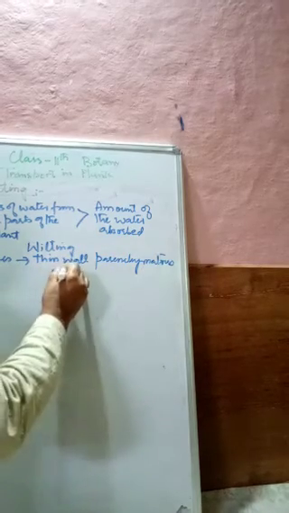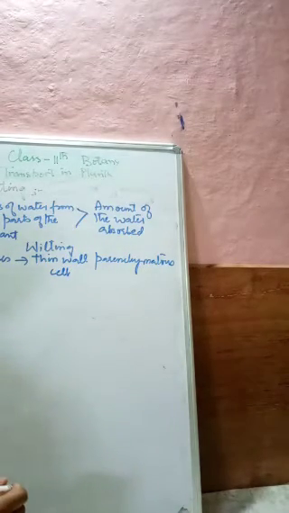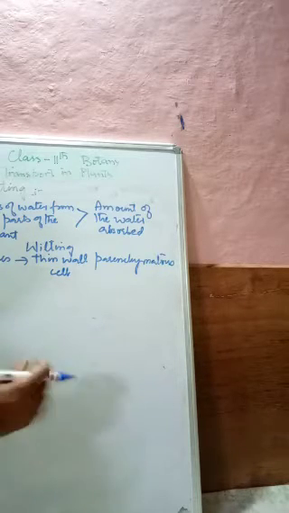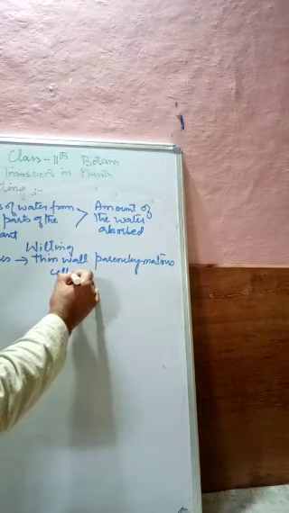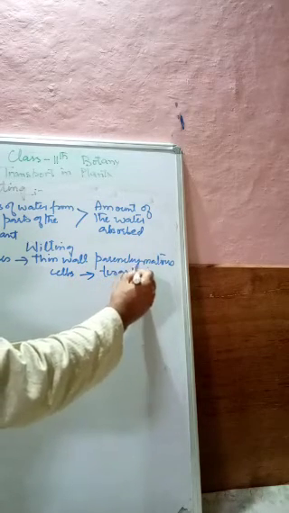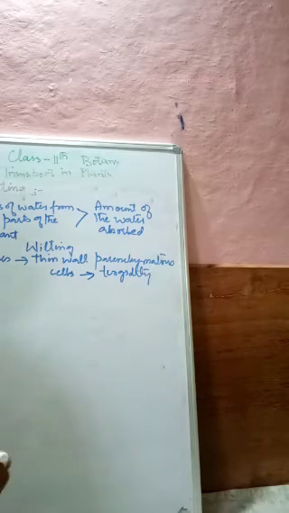The tissues in the plant which are made up of thin walled parenchymatous cells, and these thin walled parenchymatous cells are responsible for maintaining the turgidity.